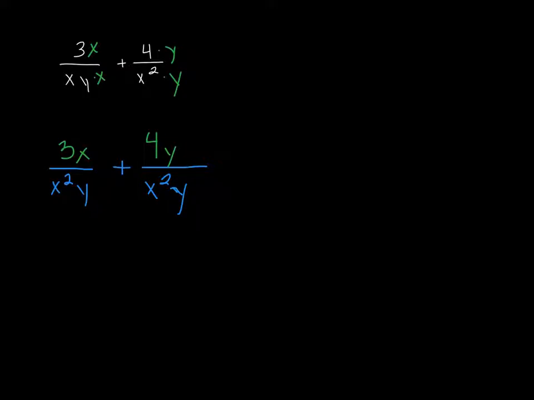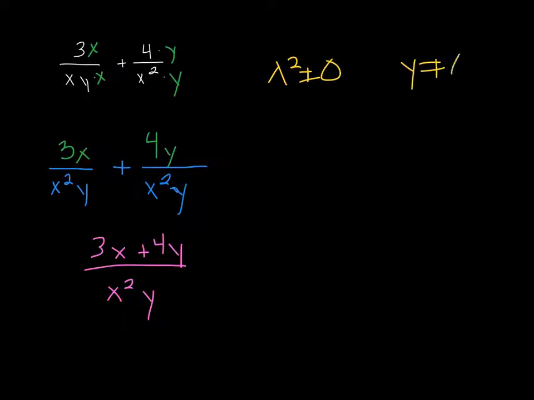Now that we have a common denominator, we're ready to add. We can't actually add 3x and 4y because they're not like terms. So we just put 3x plus 4y over x squared y. And we do have some variables in the denominator, so we need to do our excluded values. x squared cannot equal 0, y cannot equal 0.